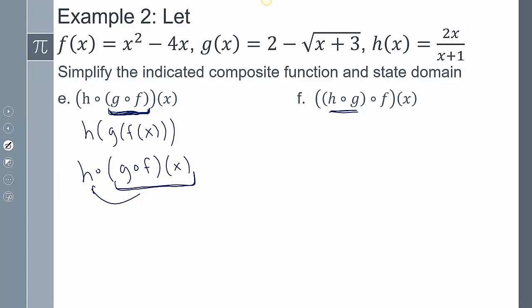But this one's a little different, because I have to do this part first. I have to do my h of g first, and then I nestle my f function into it.